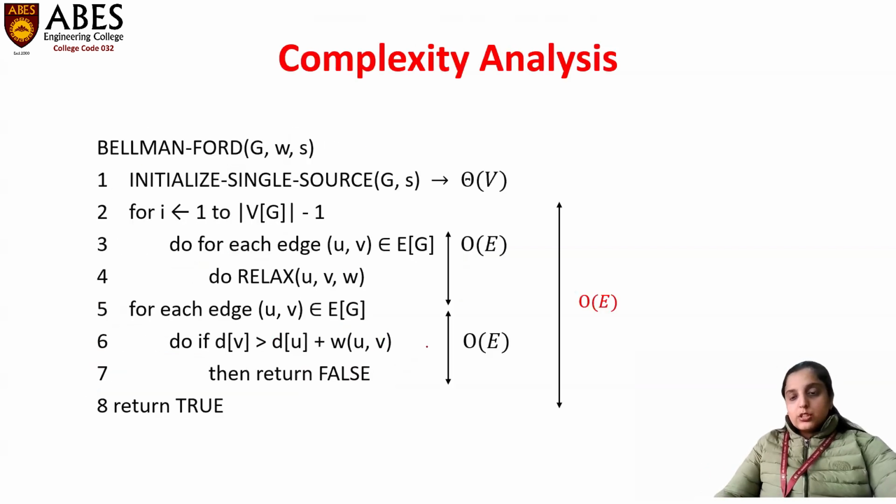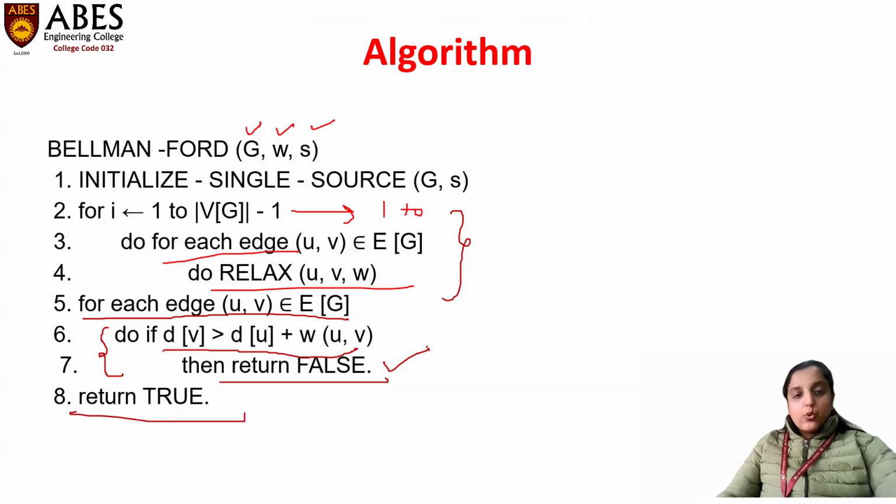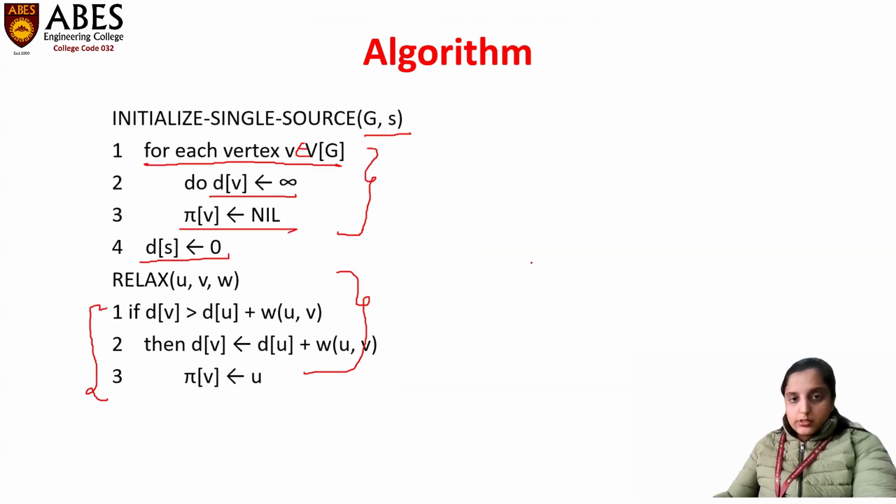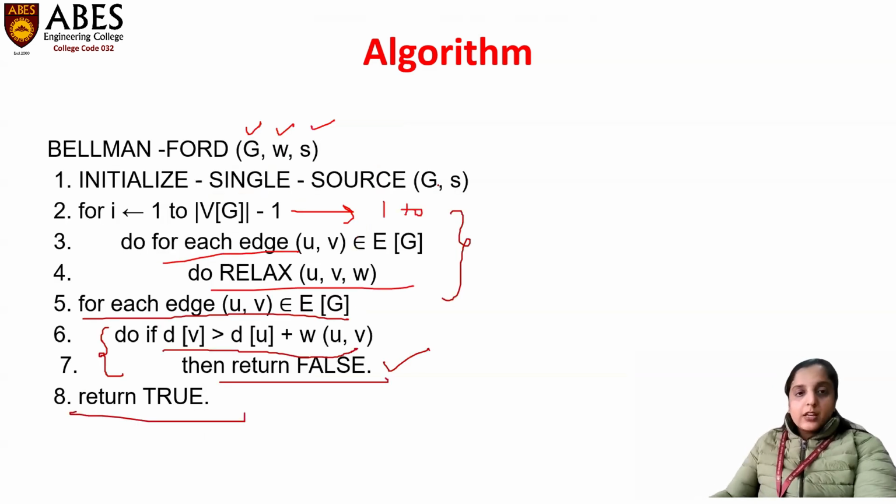So let's do the complexity analysis. As you all know, this particular step, the initialize single source function, will take O of V time. After that, we are iterating all the vertices, so it will take O of V, and inside this loop, we are traversing all the edges.